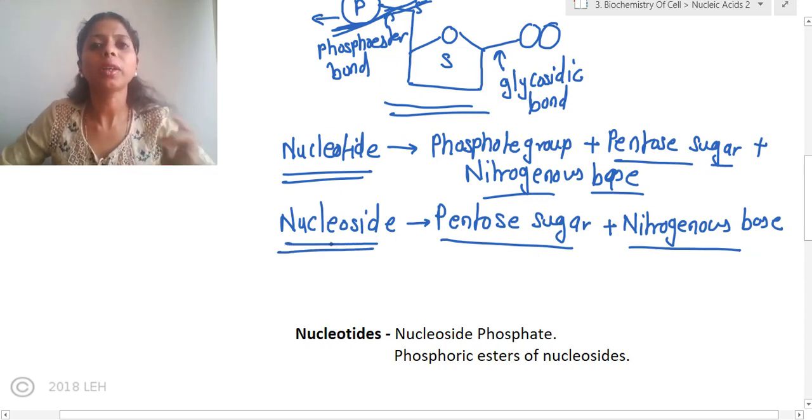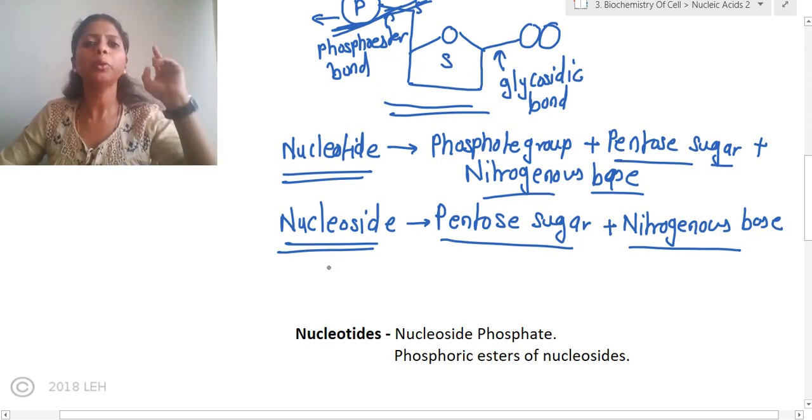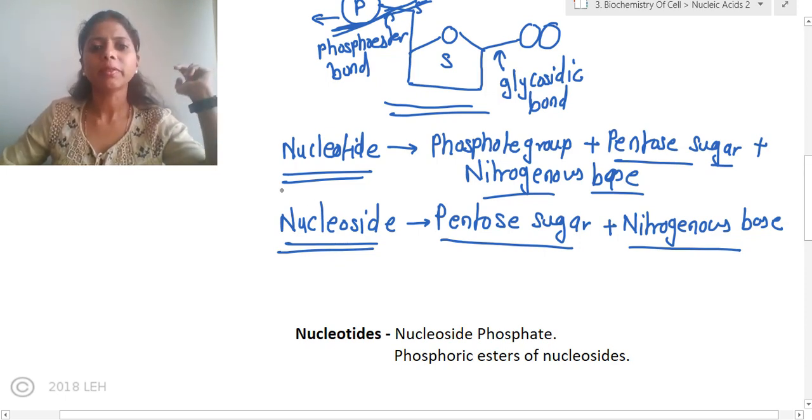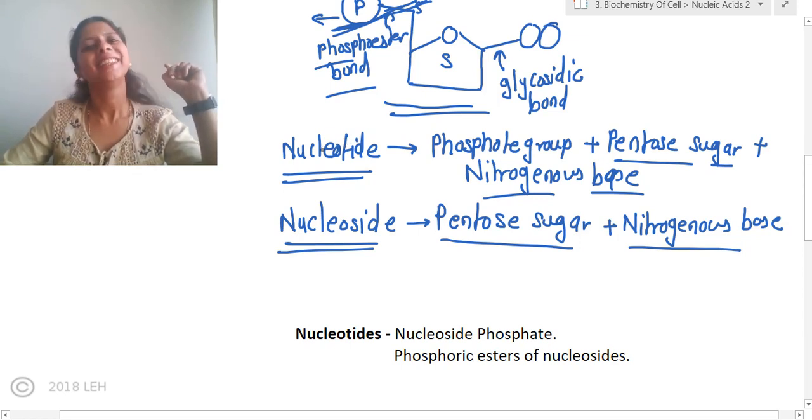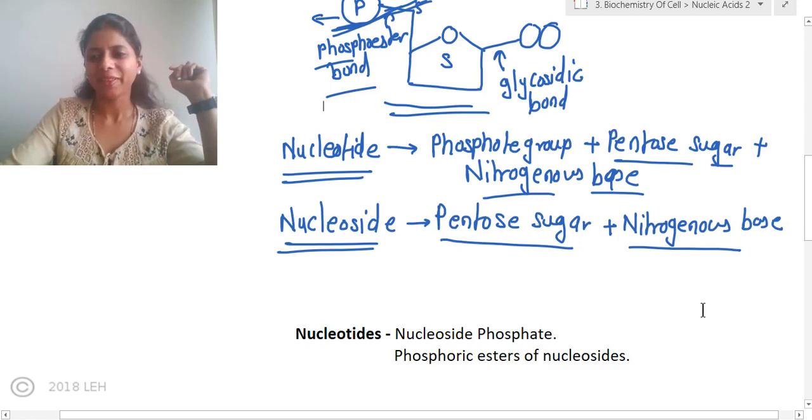Nucleoside is also very important while studying DNA and RNA. They will come ahead. But right now you just need to remember two terms, nucleoside and nucleotide. And you need to remember the bonds which join these three components to form a nucleotide. Clear about it? Very clear? Need to explain again? Very good. Let us go ahead.